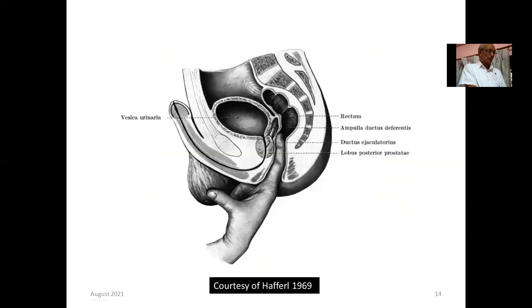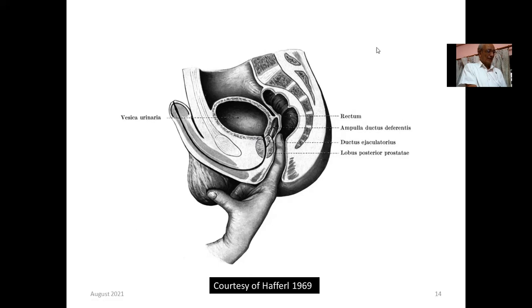Next one. Now this is again the per rectum examination. One can feel the prostate there, and if there are any nodules, they can be palpated, and then further investigation can be done.